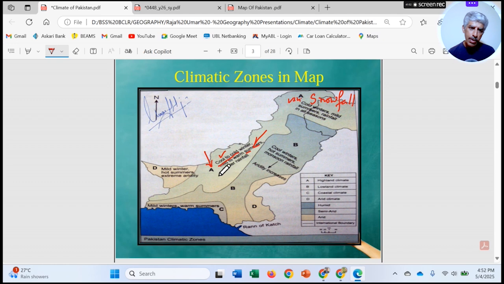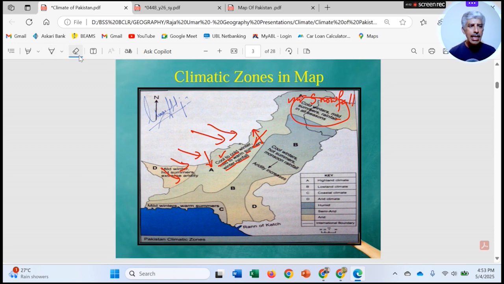And then mild to warm winters and mild to warm summers. It means that these summers are becoming a bit harsh, warmer, not really pleasant, but becoming a bit warm. And in this region we experience winter rainfall only, because of the western depressions coming from the Mediterranean Sea across Afghanistan and Iran. So this region gains rainfall only through winters, but up over here it was rainfall all the year through.